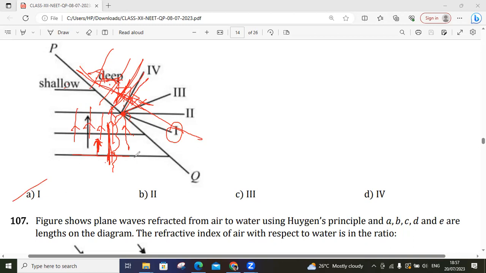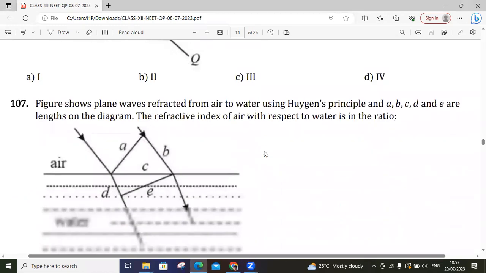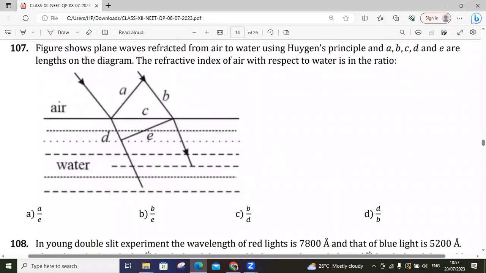They have asked the wavefront's orientation, and so then we'll go ahead. 107, right? So what will be 107? Figure shows plane waves reflected from air to water, using Huygens principle and ABCDE lines on the diagram.